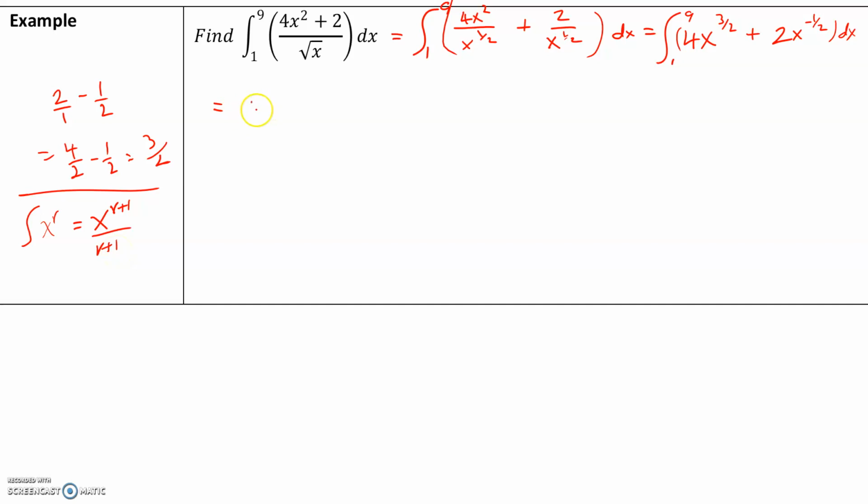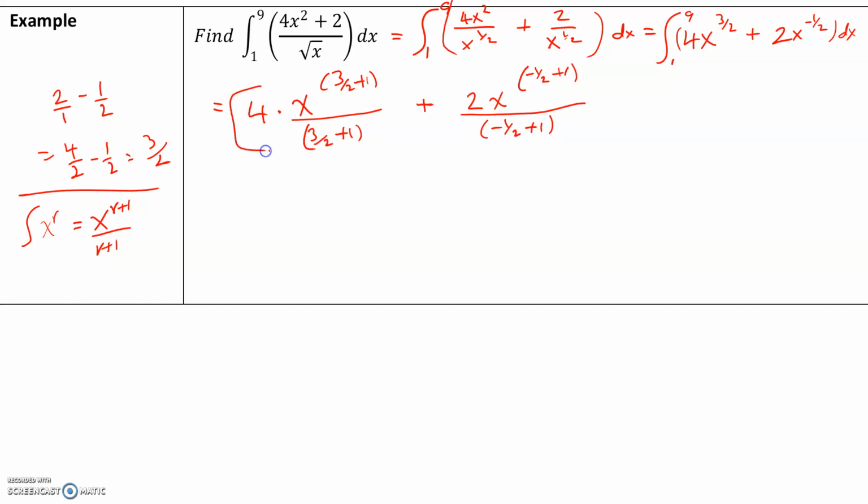The 4 is a constant, so put that on the side. We have x to the r, which is 3/2 plus 1, divided by 3/2 plus 1, plus 2x to the r, which is negative 1/2 plus 1, divided by negative 1/2 plus 1. And then we're going to take this from x equals 1 to x equals 9. So we have to have that notation there.